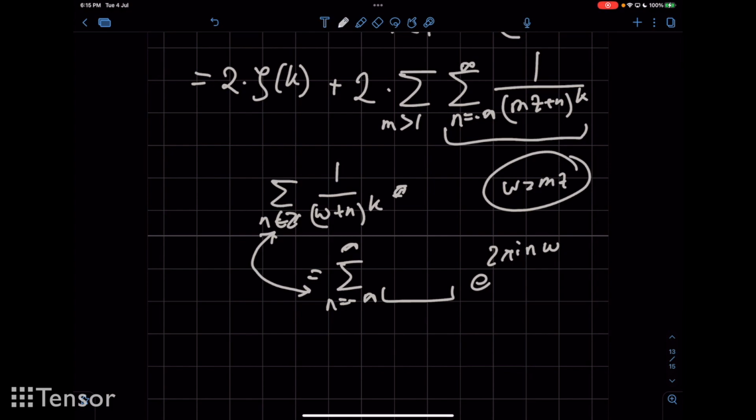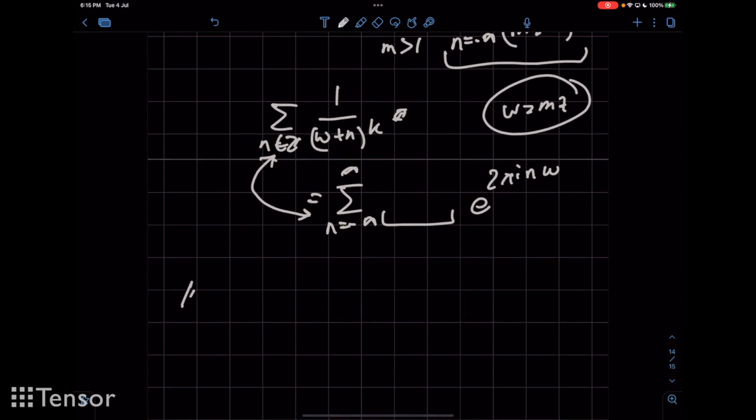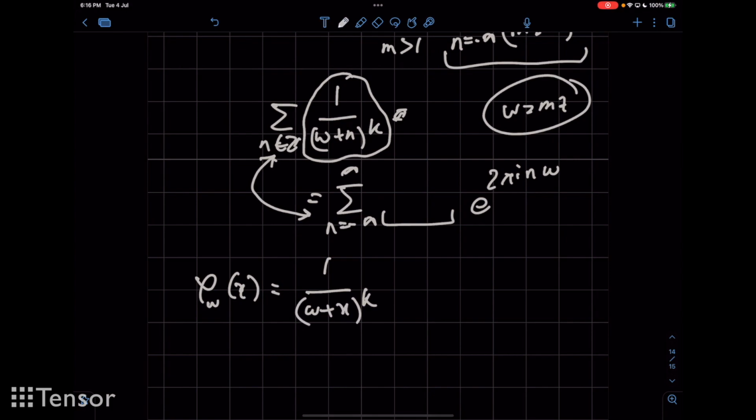But in order to apply the Poisson summation formula, we need to verify a couple of things. The function f that we will be Fourier transforming, for our case, let us write that phi sub w of x is 1 over (w plus x) to the k, right?